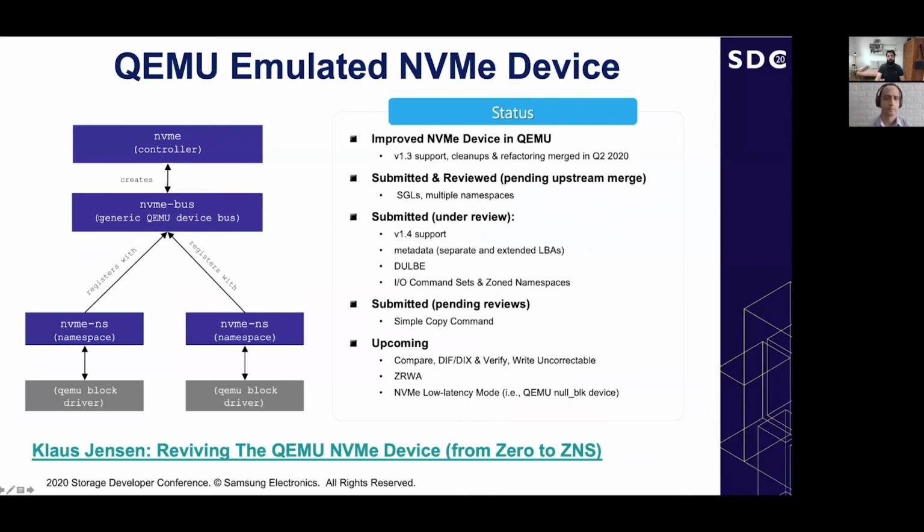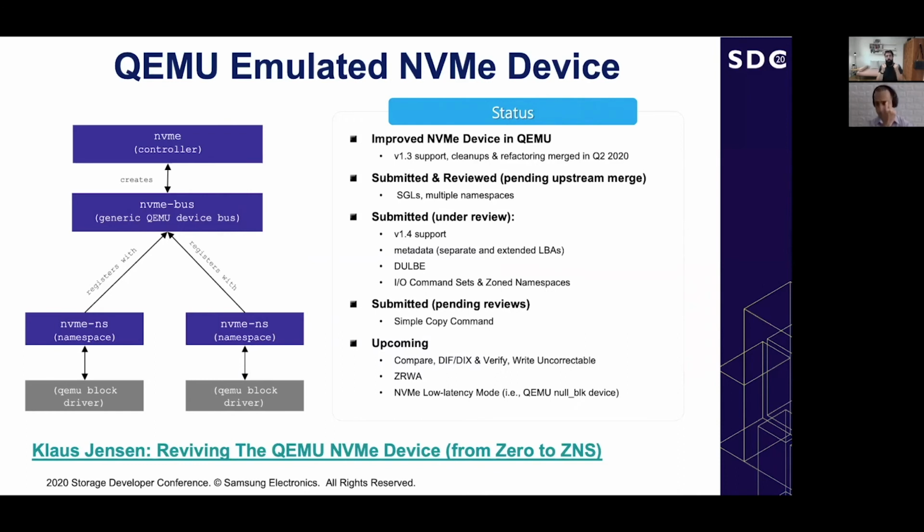And the second part that I want to talk about is, well, what happens when you want to implement ZNS on your software stack, but you either do not have the hardware yet, or you have new features that you want to get that are not in the samples that you have at the moment.